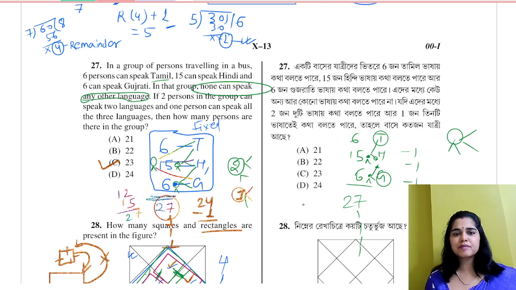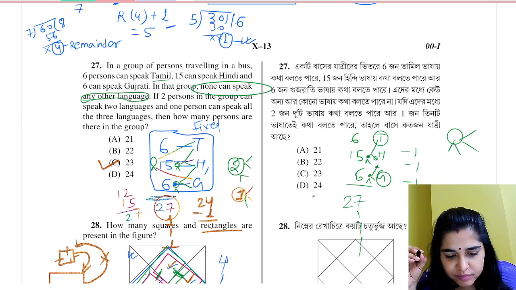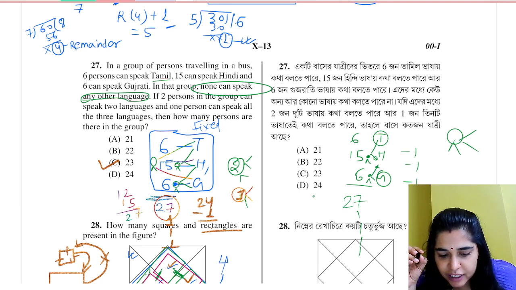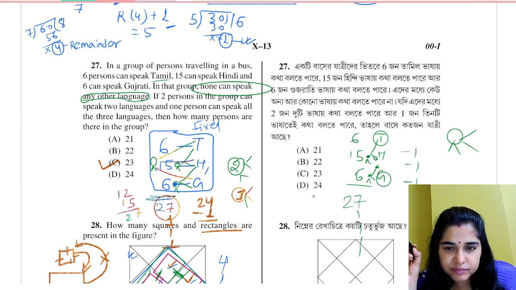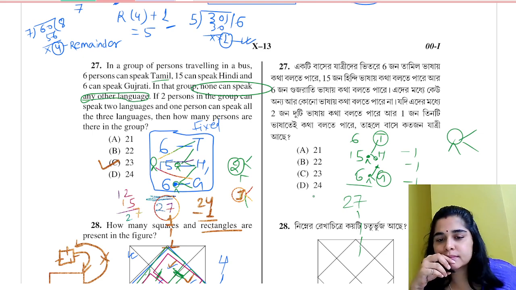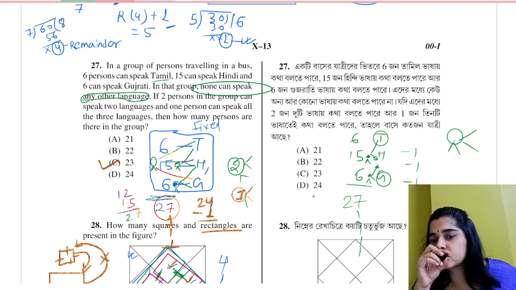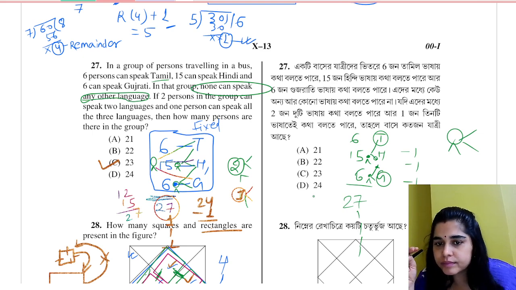It's okay. Sometimes it's very difficult. If I get the answer for this question, I will tell you. So the answer will be 23, 12, 15, 27, and none can speak any other language. So we have considered 2 more. That's why we cut it by 2.